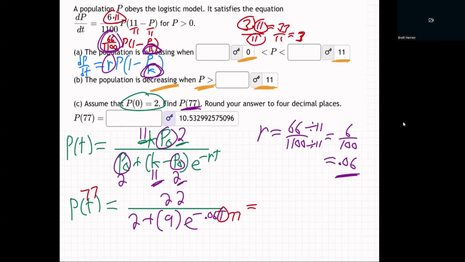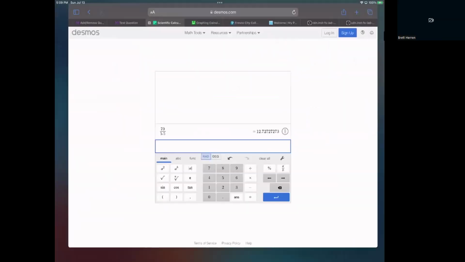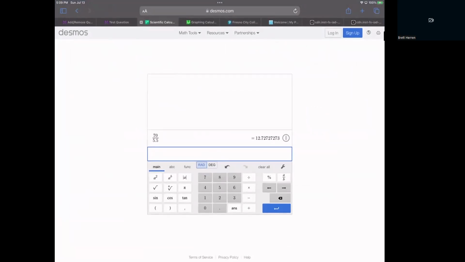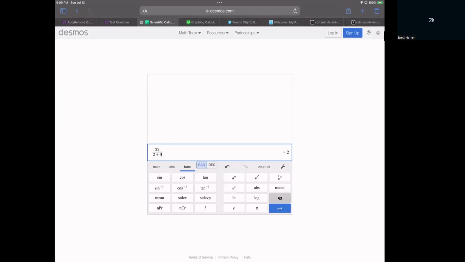So let's go do it. I'll write it down. So it's 22 over 2 plus 9 e to the minus 0.06 times 77. Let's go to Desmos. I'll put in a fraction, 22 over 2 plus 9. And then we need an e function.